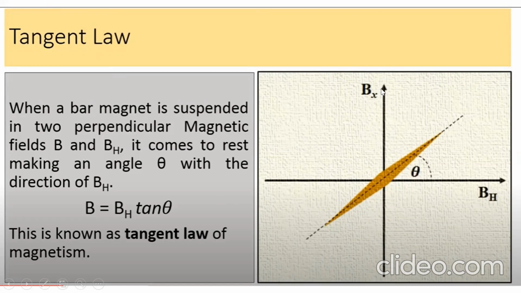Bx is our external magnetic field. So the magnetic needle rests at an angle theta with BH, and the magnetic field is given by B equal to BH tangent theta. This is known as the tangent law of magnetism.